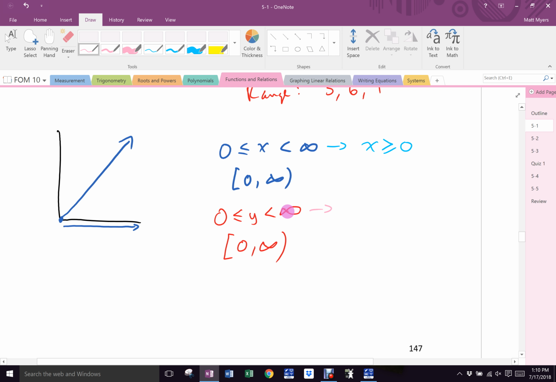Because he doesn't want to, he's lazy. Y is greater than or equal to 0. What if the arrow went downwards? Then it would be less than or equal to 0. Everybody understand? Everybody got it? Yeah? All right.